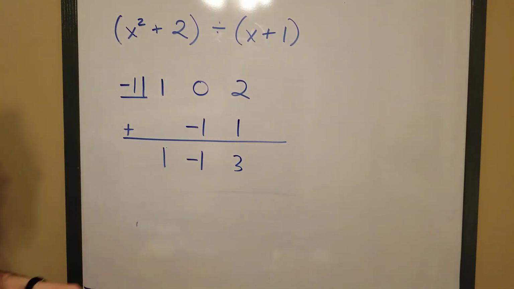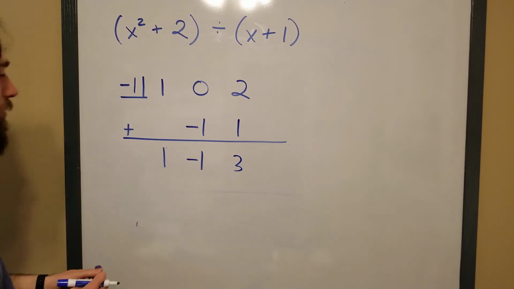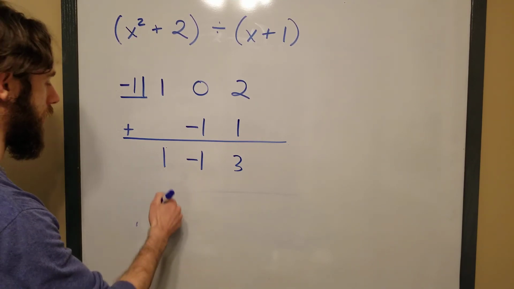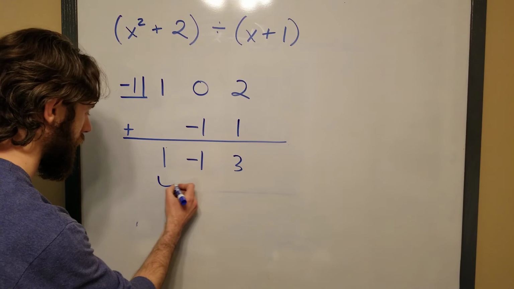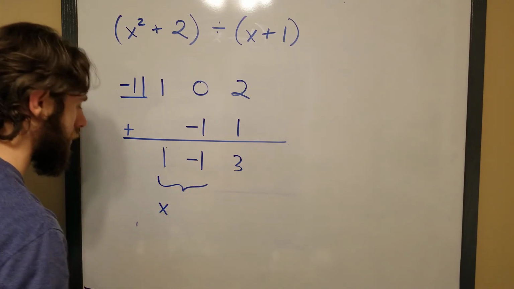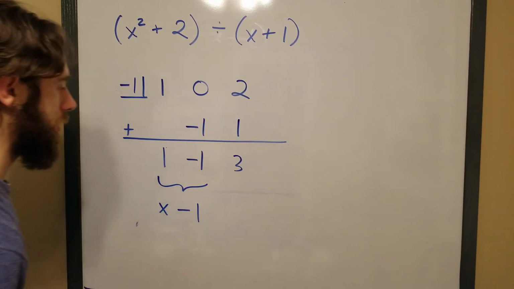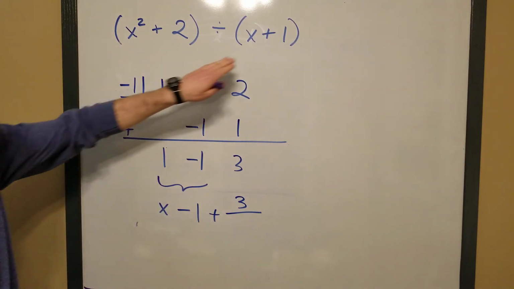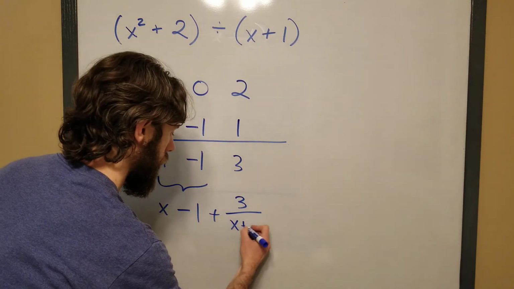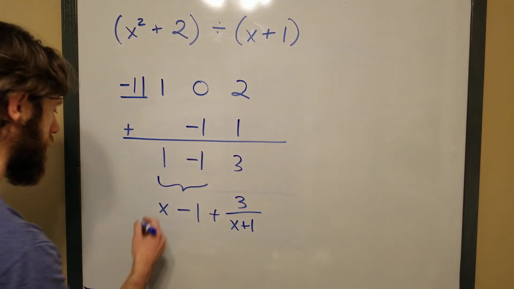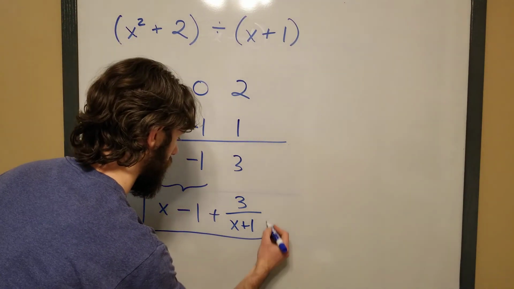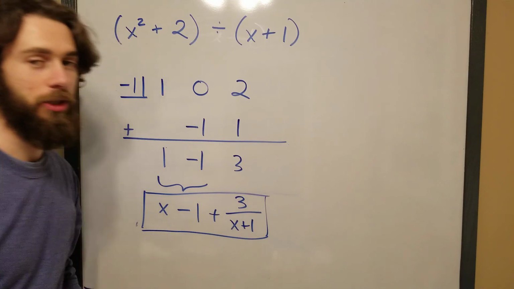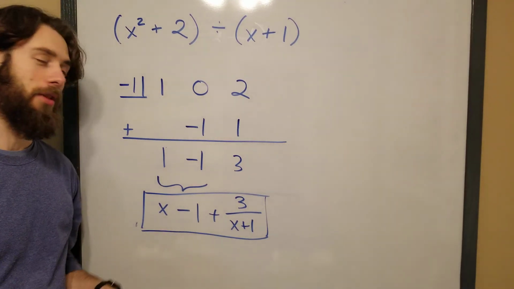So what we got was, okay, so this is going to be the power of x. So that'll give us x minus 1 plus 3 over the divisor for the remainder. And that should exactly match what we got by the long division method.